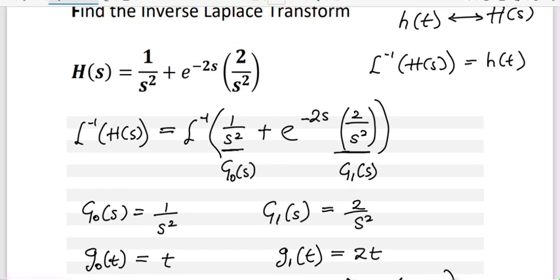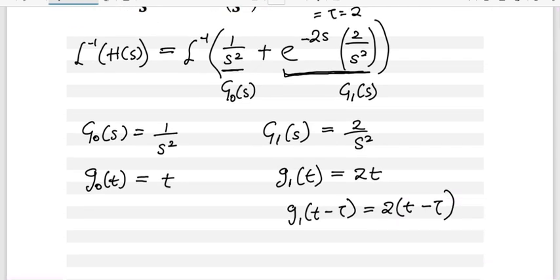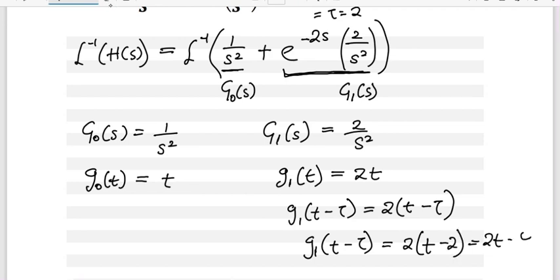And what is the tau for this expression here? The tau here is 2. That means our g1(t minus tau) is going to give us 2 times (t minus 2), which is 2t minus 4.